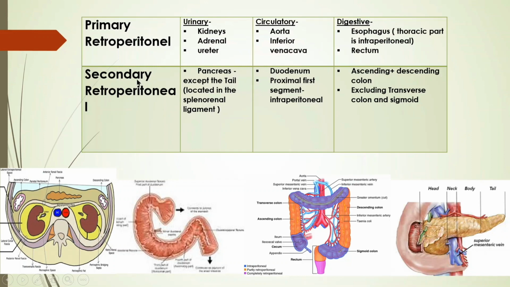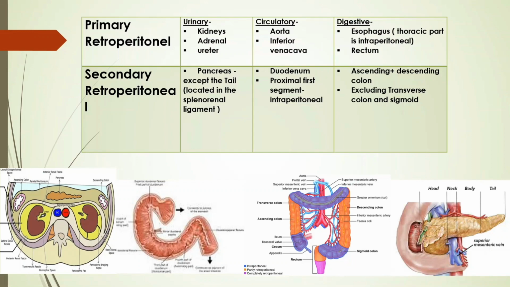So you can remember that primary retroperitoneal organs are mostly from the perirenal space. And these, along with the esophagus and the rectum, form the primary retroperitoneal organs.